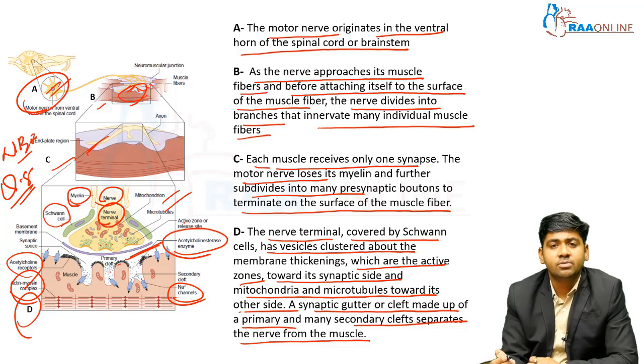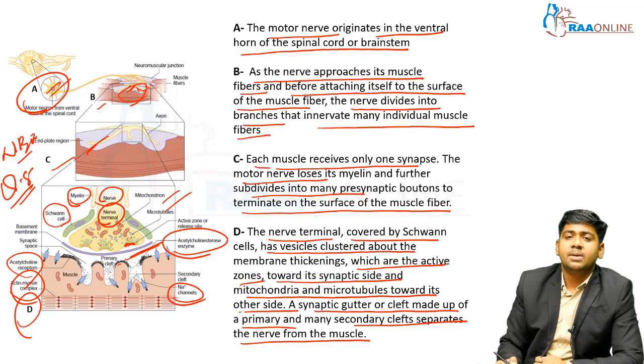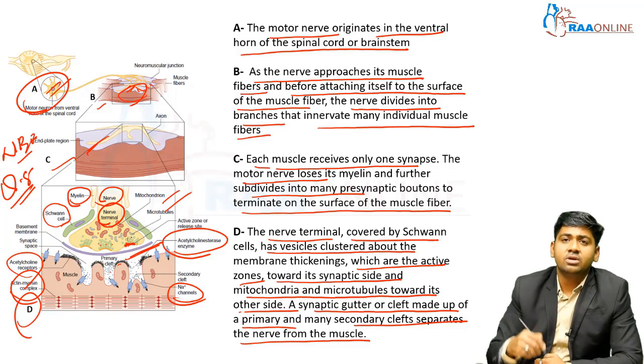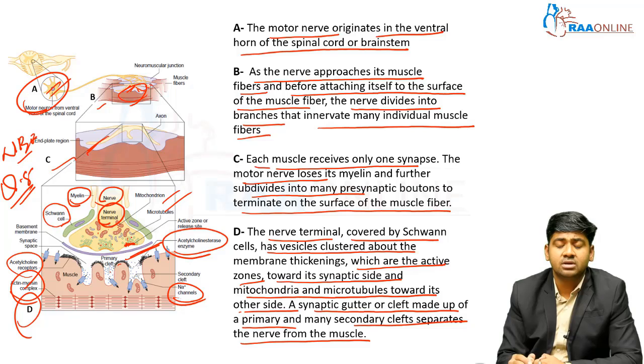In the cleft itself, you have to mention the acetylcholinesterase enzyme. Then the active zone and release site. It is the release site through which the synaptic vesicles break down and release acetylcholine. Once the acetylcholine molecules come into the picture, they act on the acetylcholine receptor, finally the sodium channel will be stimulated and they cause muscle contraction. So it is all about the neuromuscular junction.